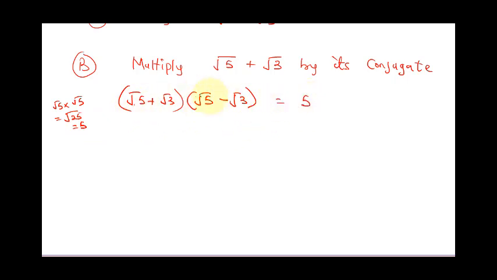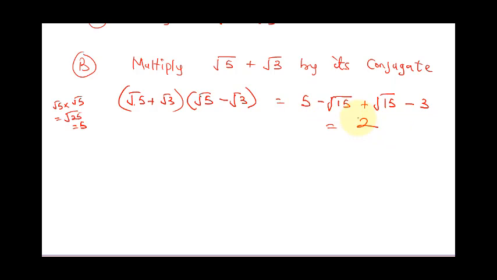Root 5 times minus root 3 will be minus root 15, that's 5 times 3. Plus root 3 times root 5 is going to give us root 15, and root 3 multiplied by root 3 is going to give us minus 3. So you can see from here, minus root 15 plus root 15 will give us 0, and our final answer is going to be 5 minus 3, and this is going to give us 2.